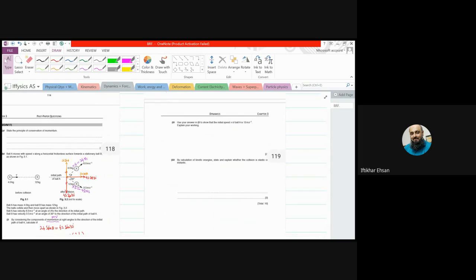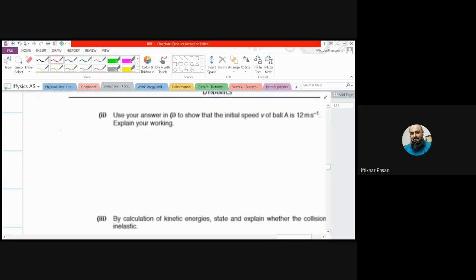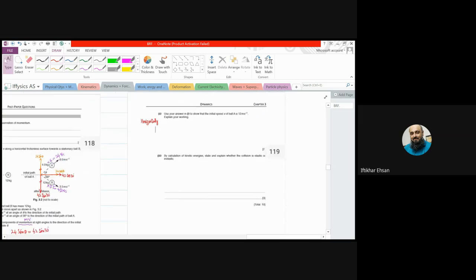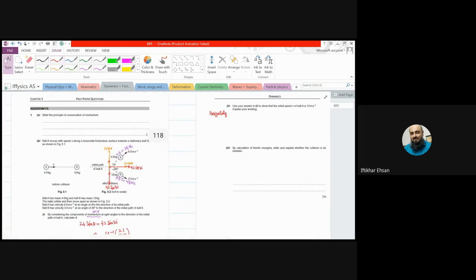So horizontally the conservation of momentum does hold, and that is the total initial horizontal momentum. Since B was not moving, the total initial momentum will be the momentum of object A, that will be 4 multiplied by v.